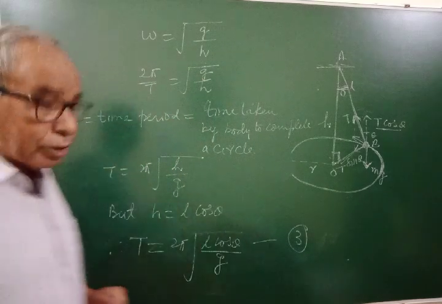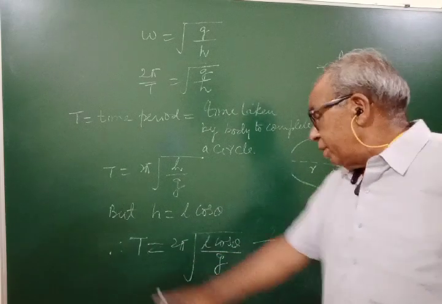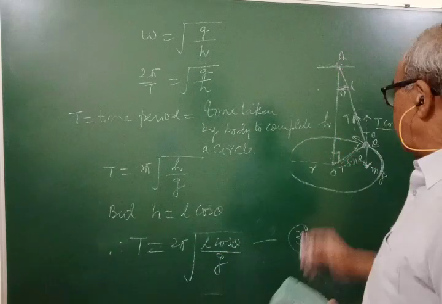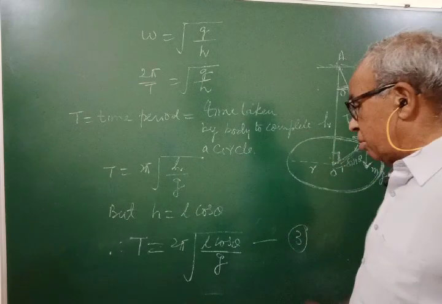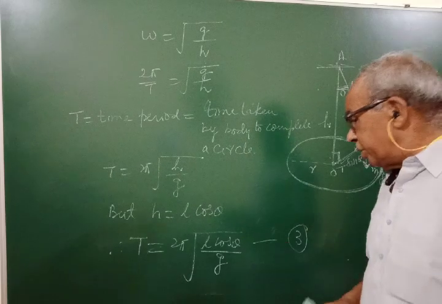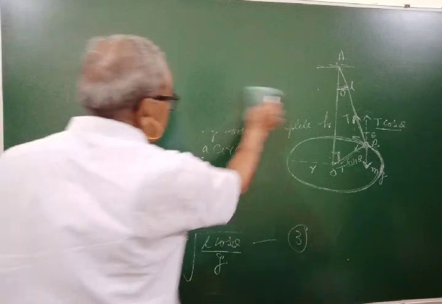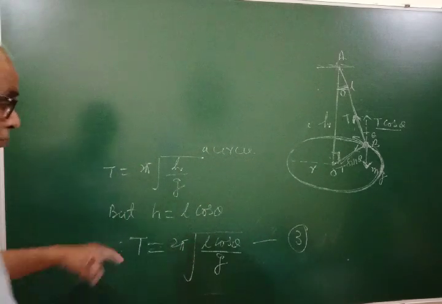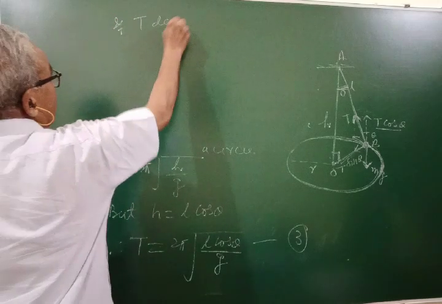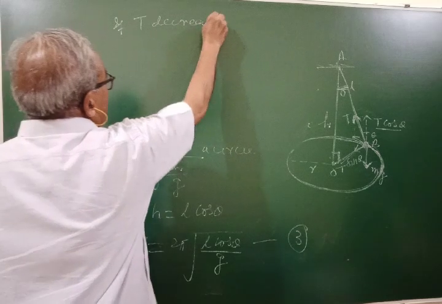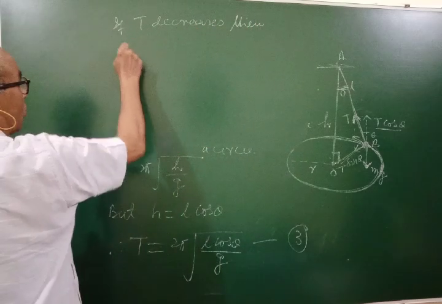So this equation shows that time period depends on theta. So if time period decreases, means particle moves faster. So theta decreases if T decreases. Then cos theta decreases.